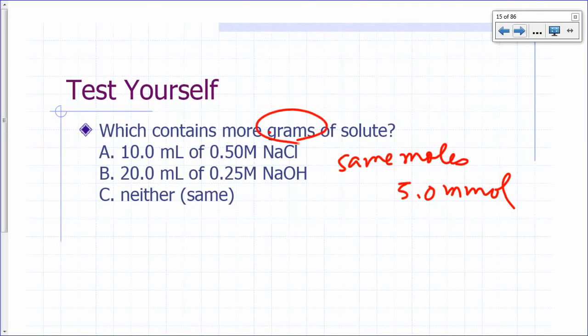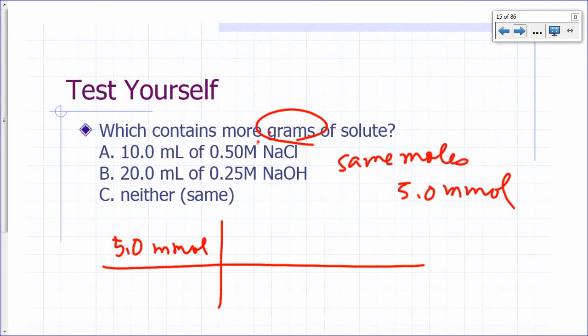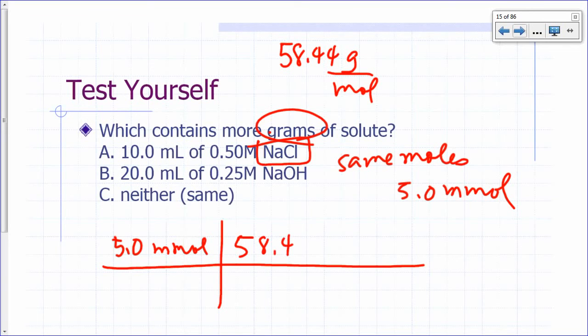Which one has more grams? Then you'll have to convert your millimoles to grams. So I'm going to say 5.0 millimole times, what's the molar mass of sodium chloride? We did this earlier. Molar mass of sodium chloride is 58.44 grams per mole. So multiply by 58.44 grams per mole.